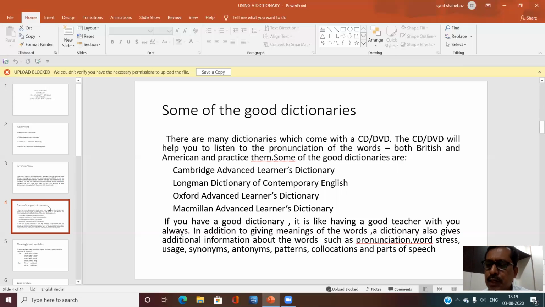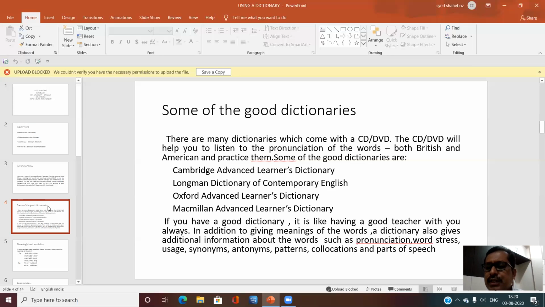We have British spelling and we have American spelling. In the same way, we have different pronunciations with minor variations in the pronunciation. So you can practice both types of pronunciations.